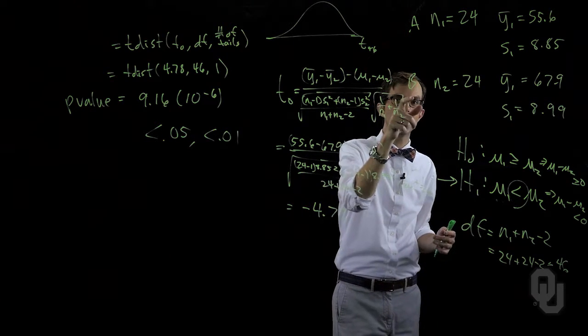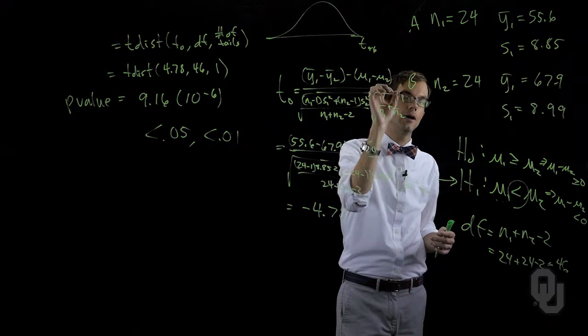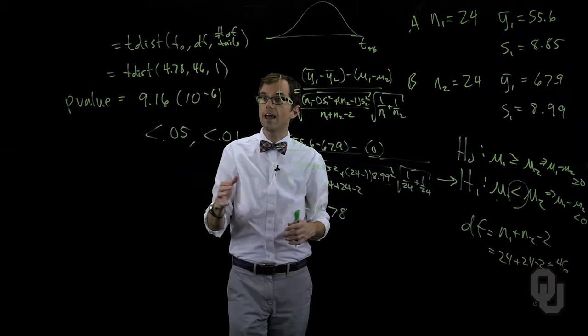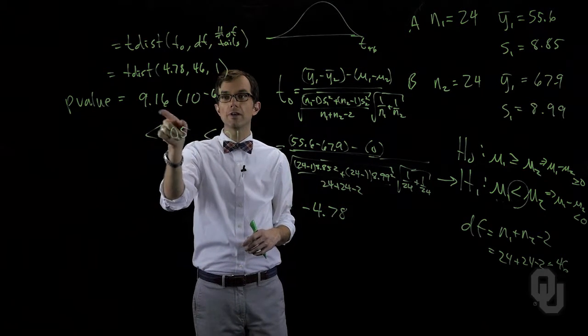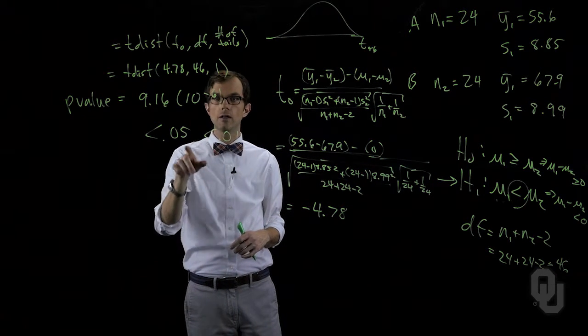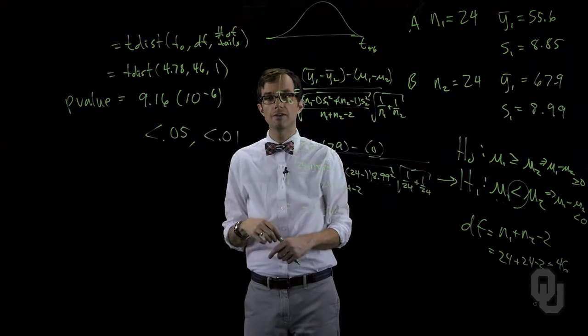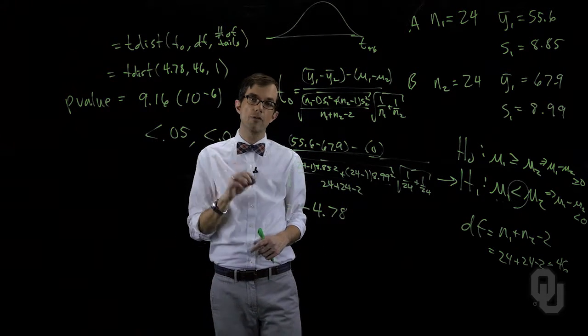And we can draw that conclusion with quite a high amount of confidence. This would be 99% confidence, and we could really have a lot more confidence in this result based on how small that p-value is.